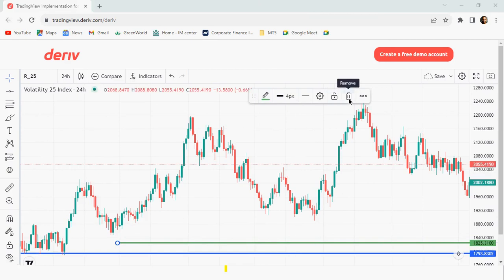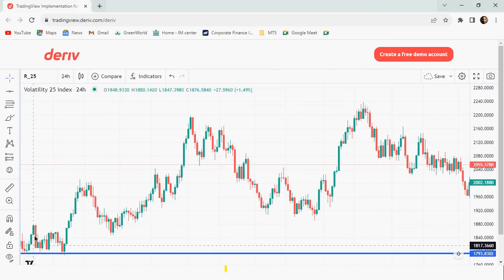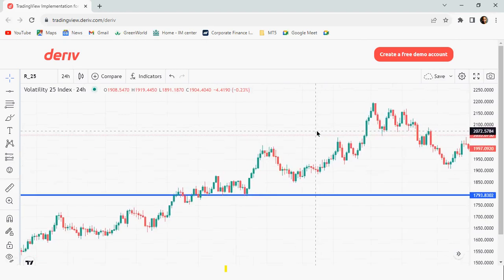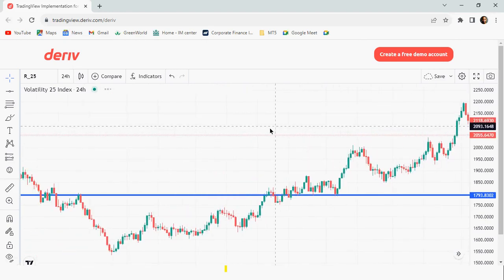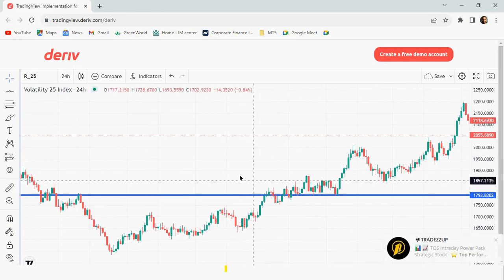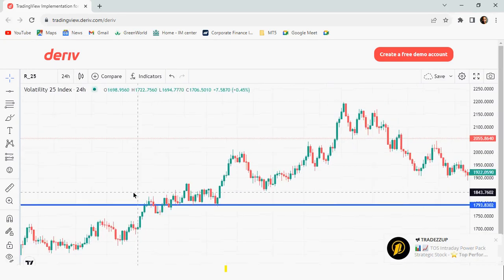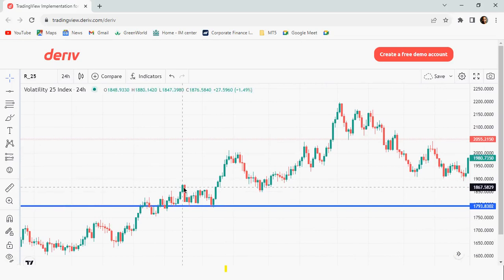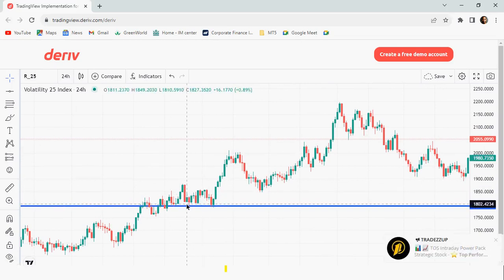When you look at it, this was an uptrend. Let us say there was a breakout which happened from this particular level. Now, when the price started coming back, it had to reach this particular point. It came back to this same point, and it had to bounce.